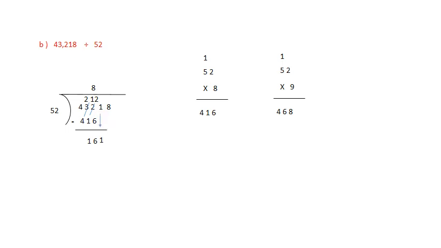Now again, leaving this, we're going to see 5 and 16. 5 3s are 15 and 5 4s are 20. 20 is not possible, so we'll take 3s. When we multiply 52 by 3, you get 156. That can be taken here because 156 is smaller than 161.